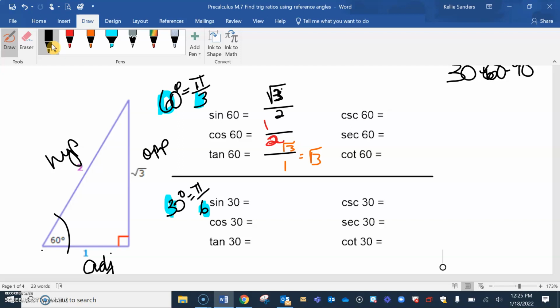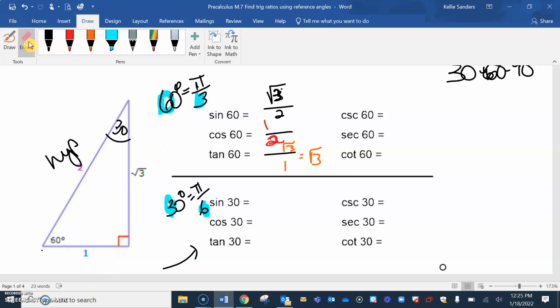All right, so on these, the 30 degree angles, let's erase this and this and this. When we're talking about 30 degrees, then 1 is the opposite and square root of 3 is the adjacent. So sine of 30 is square root of 3 over 2.